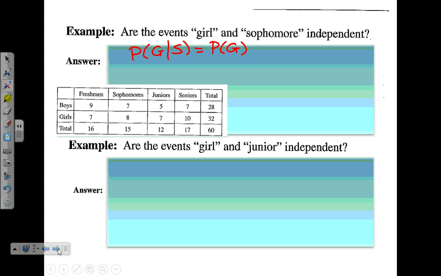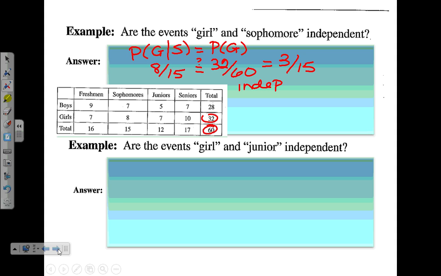We just found the probability of girl, given that it is a sophomore, above was 8 over 15. So what's the probability of being a girl? Well, in this situation, the probability of being a girl was 32 over 60. And here, this is a question mark. 32 over 60 is equal to 8 over 15. So these events are independent.